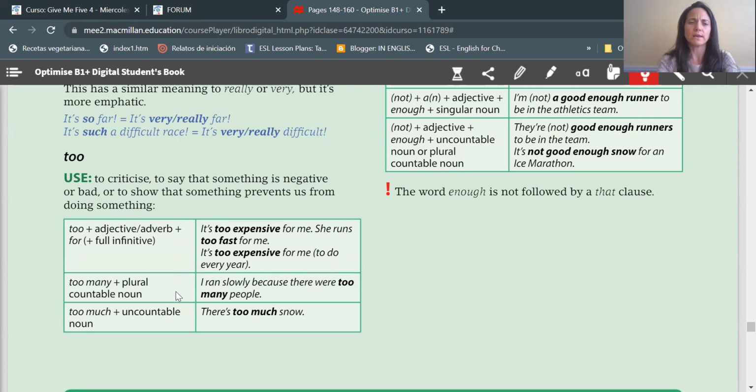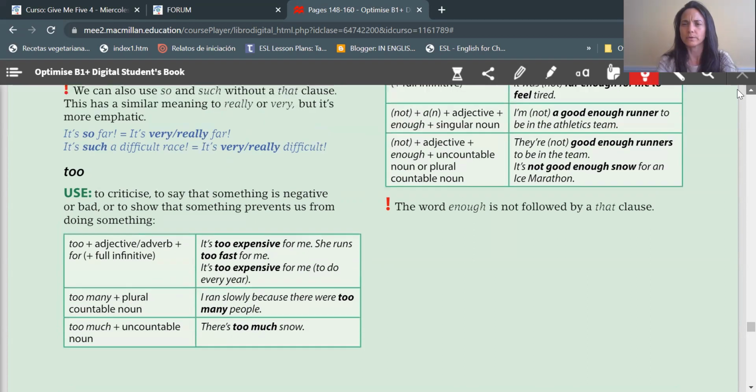The other structure says too many plus a plural countable noun. I ran slowly because there were too many people. Too many plus plural noun, in this case, people. And the other structure, too much plus uncountable noun. There's too much snow, too much plus uncountable noun.